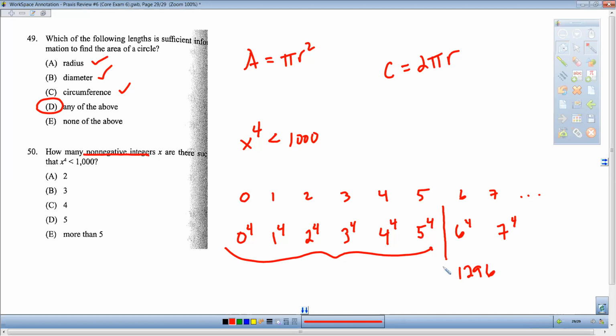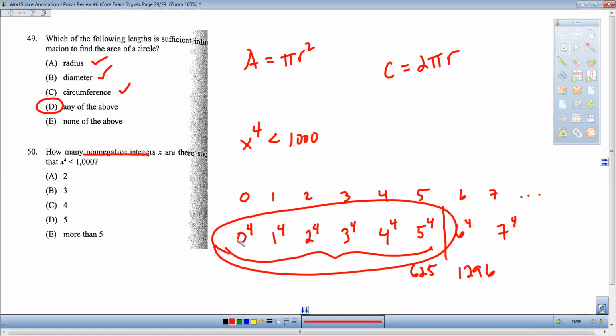But if you take 5 to the fourth, you're going to get 625. So these numbers, 0, 1, 2, 3, 4, 5, so those 6 would all have, if you take the number 0, 1, 2, 3, 4, and 5 and you take it to the fourth power, you're still going to be less than 1,000. So it's more than 5 numbers.